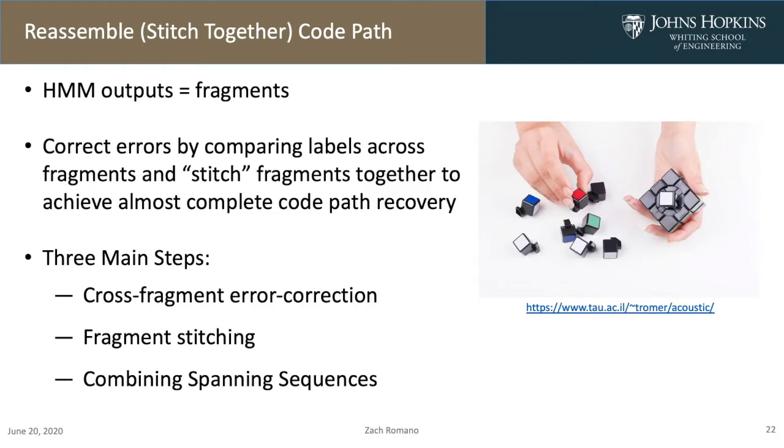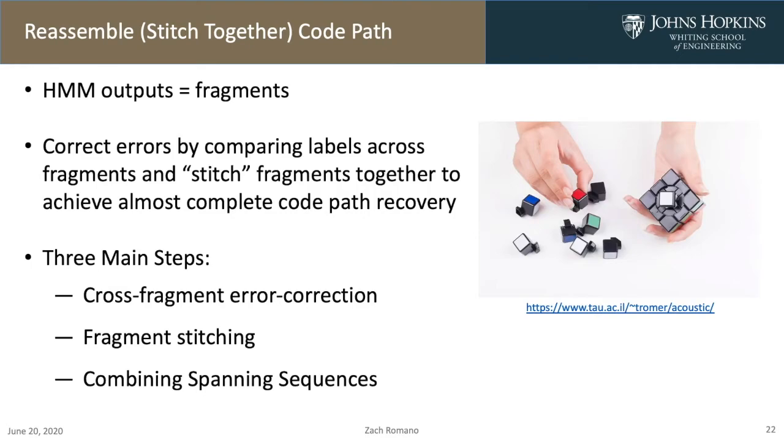The beginning of this small batch of operations is going to have appeared many times, so we can compare across them and make sure that they all make sense and align with each other, and find any obvious errors in them. And then finally, we're going to stitch those fragments together to have a full code path. So there's 3 main steps here: the cross fragmentation error correction, that's comparing those fragments and making sure that there are no errors.